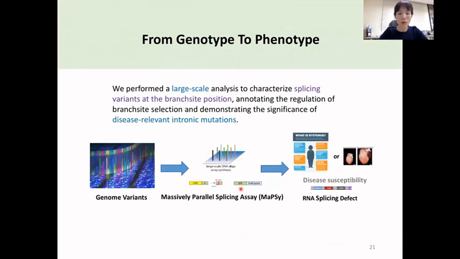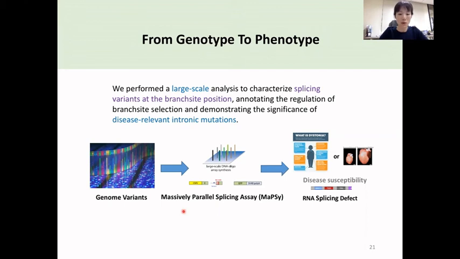So with that, I would like to provide more explanation from genotype to phenotype because we have a lot of sequencing, a lot of GWAS data, and we'll always get intronic mutations. And how to assign functionality to these intron mutations has been a very, very big problem.